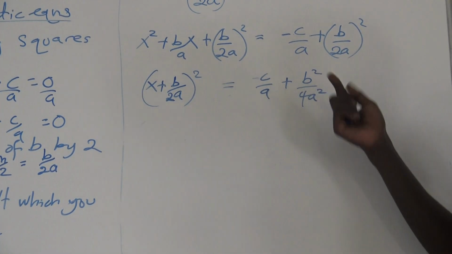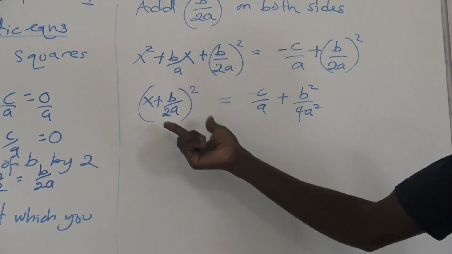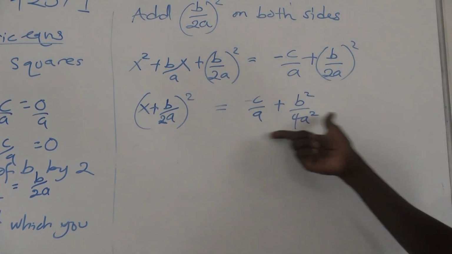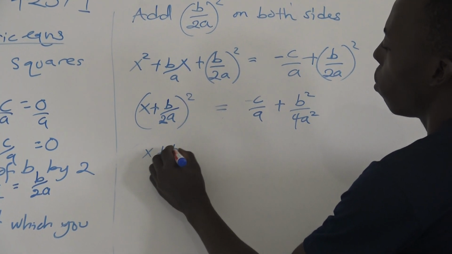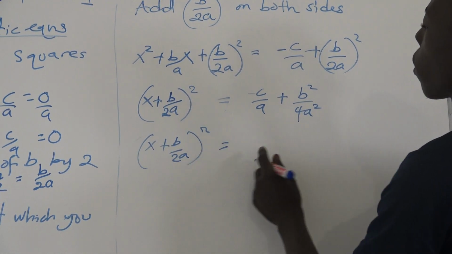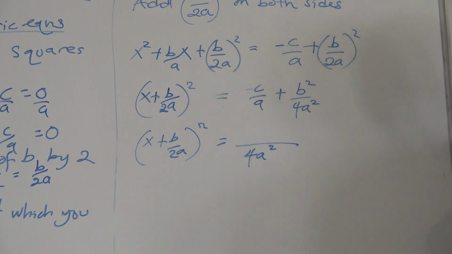So when you square this one, don't open the brackets on this one, leave it like that. You first deal with this side, so it becomes x plus b out of 2a, the whole thing squared, which will give us, get the LCM, which is 4a squared.